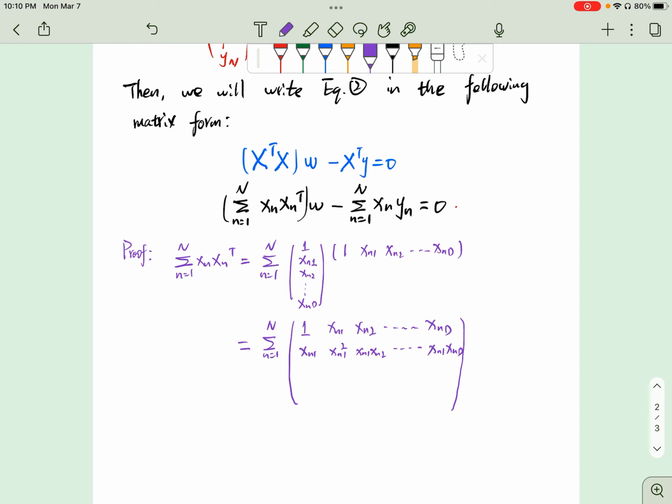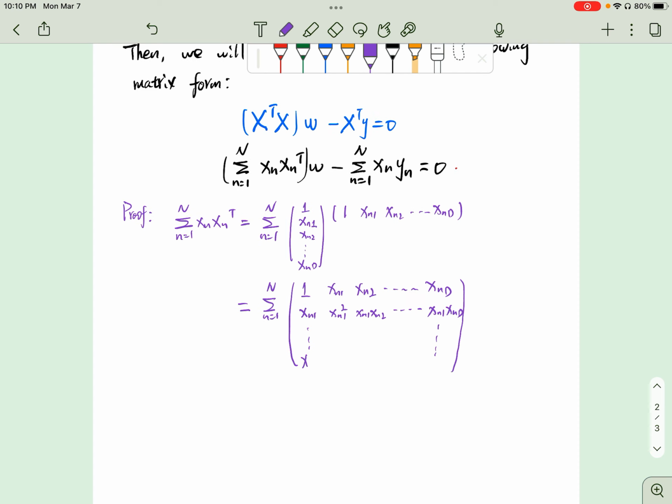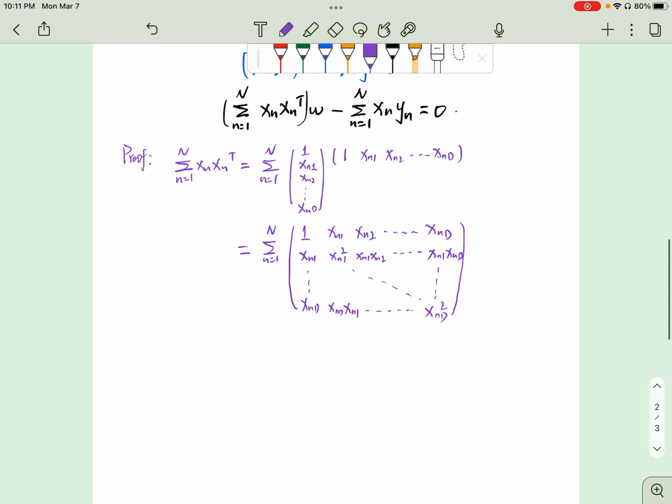I just write the last row here. The last row would be xnd, xnd xn1, and so on. I will not write everything. And this one would be xnd squared. This is the matrix we got.